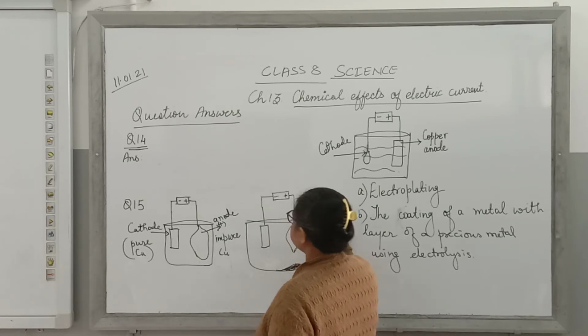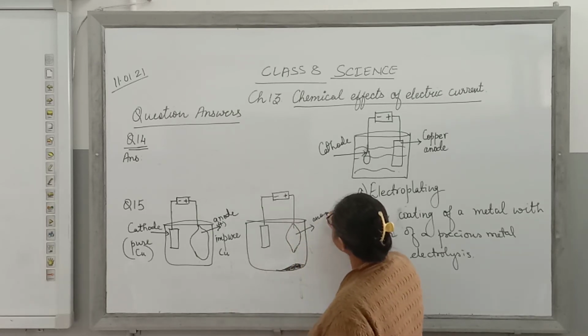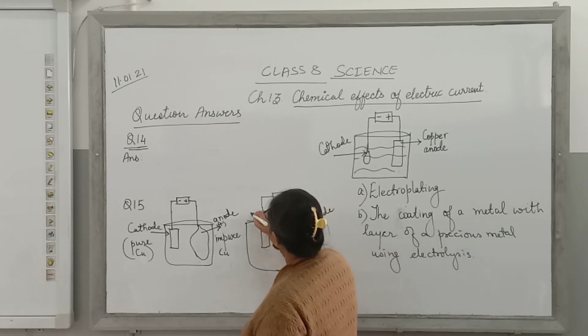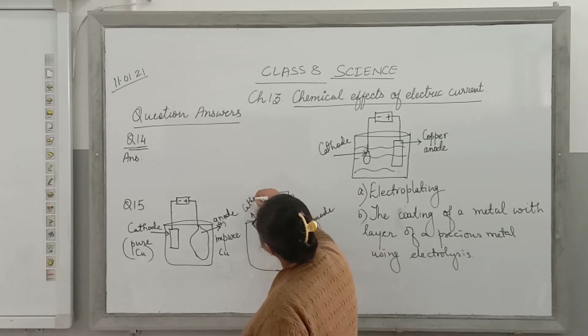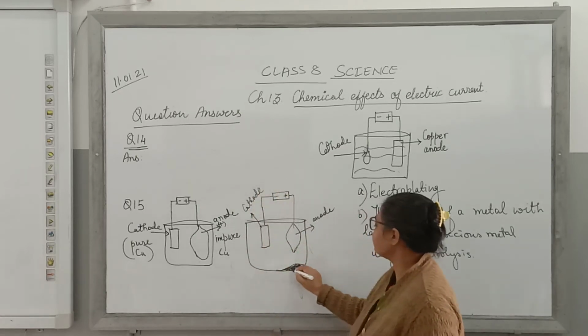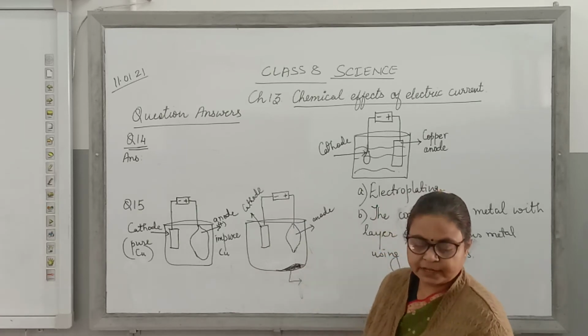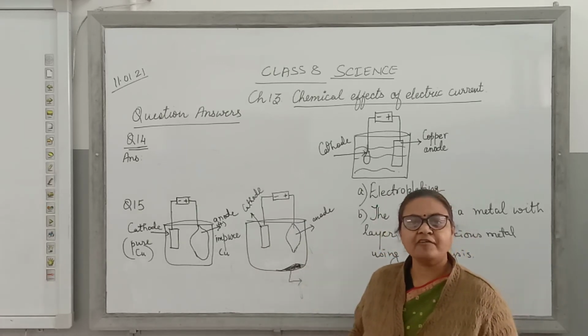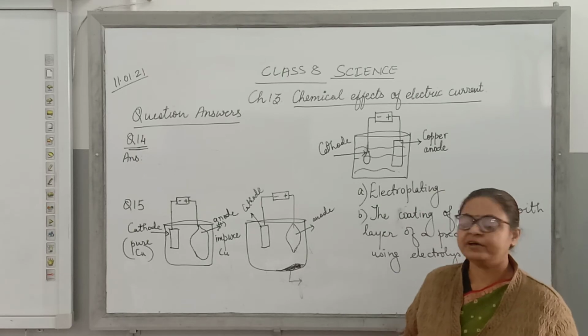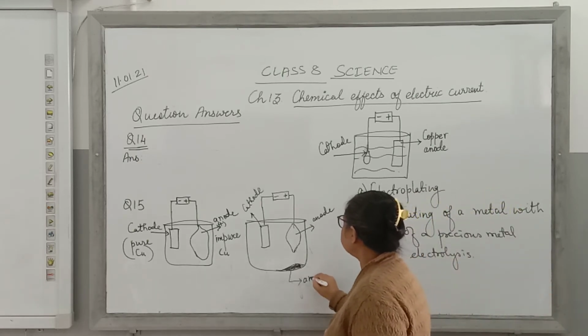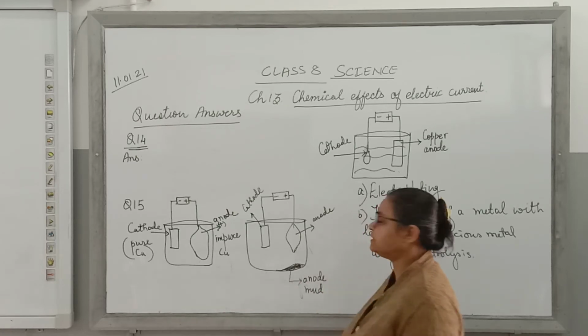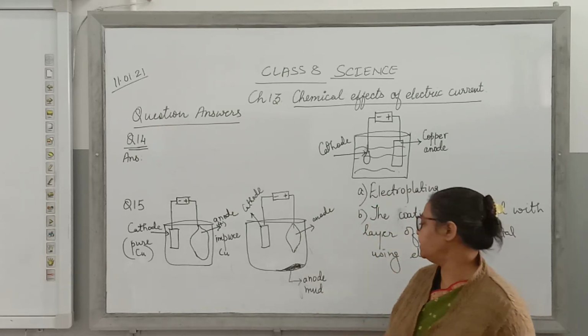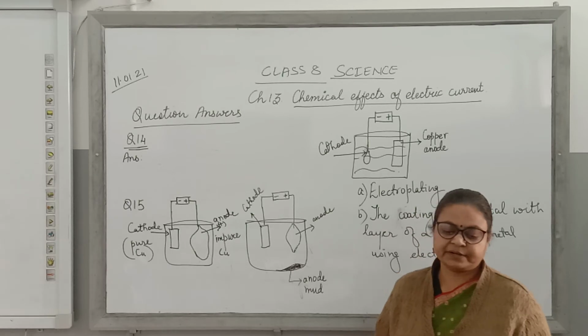This is anode as we have already labeled, and this is cathode. And what is this at the bottom of the anode? At the bottom of the anode, after electrorefining of copper, we get anode mud. The impurities which settle at the bottom of the anode, they are called anode mud.